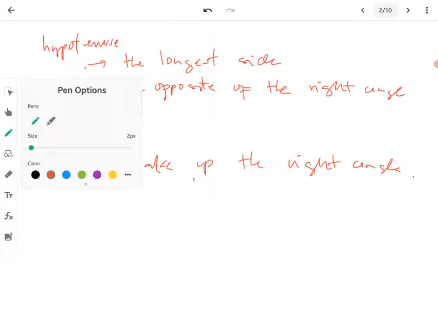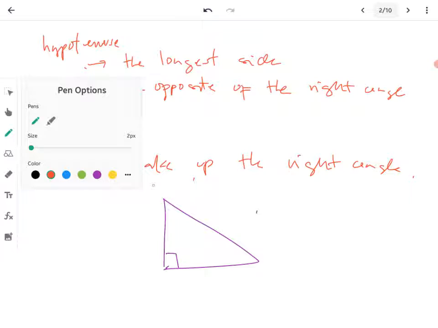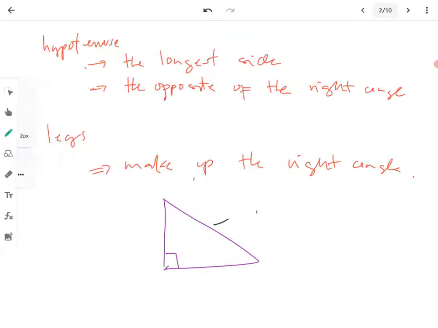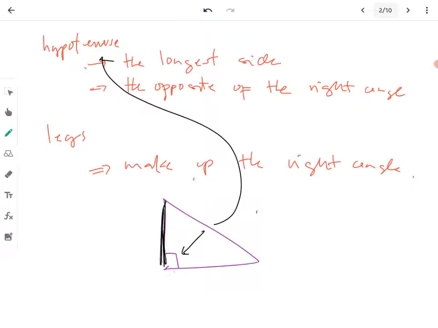So if we have a right triangle like this, this is our hypotenuse, the opposite of the right angle, and the sides that make up the right angle are the legs.